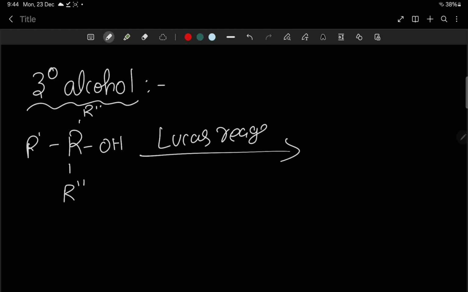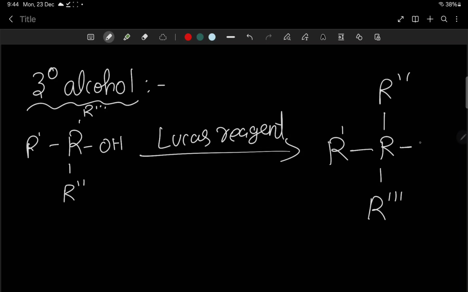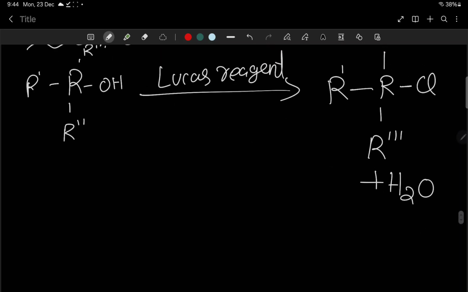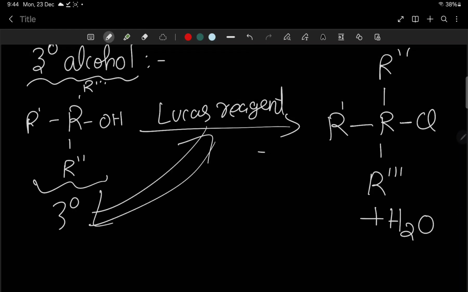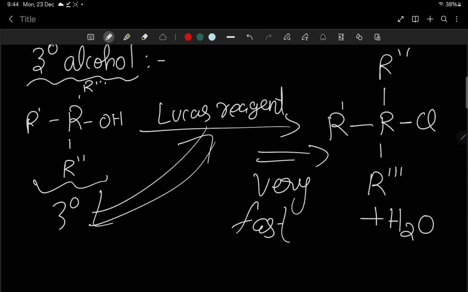I will get RCl for sure plus H2O. Here you can note that if we are using a tertiary alcohol with Lucas reagent, RCl is formed very fast.